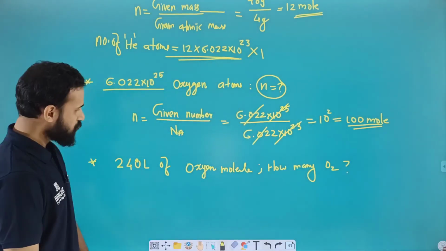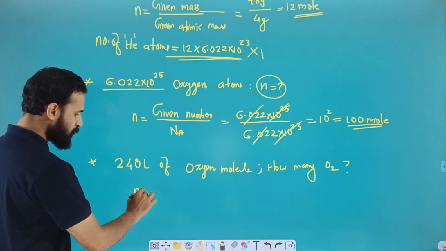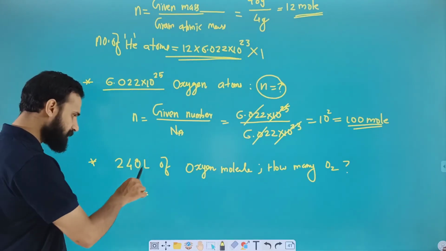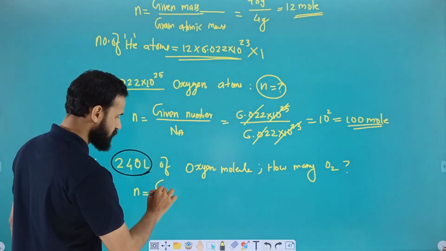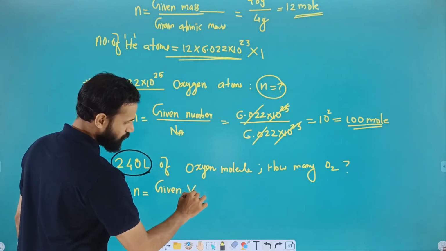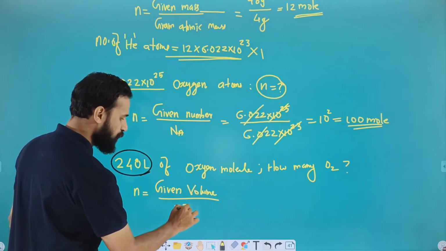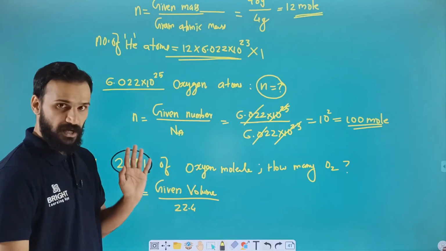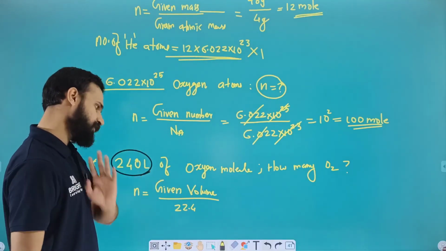It's a question. So to find the answer, first we find the number of moles. As you know, here it is given in liter, that's a volume. So our equation is given volume divided by 22.4. Here we are using this, and there's another value, 22.7, also; we will discuss it later.